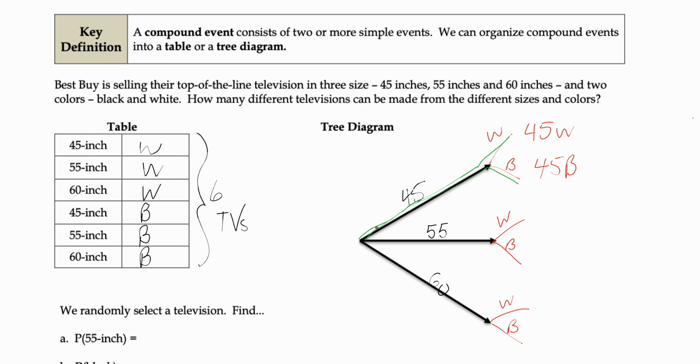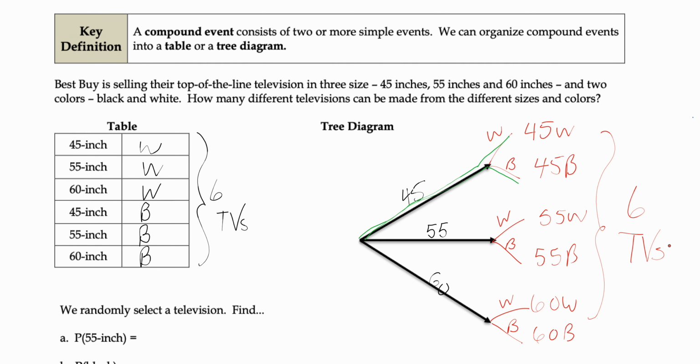And then the same thing for the next main branch, 55-inch white, 55-inch black, 60-inch white, and 60-inch black. Again, we can see the 6 different televisions, not in the same order necessarily as what we had in the table. That's okay. They don't need to be in the same order, but still listed out in an organized fashion.